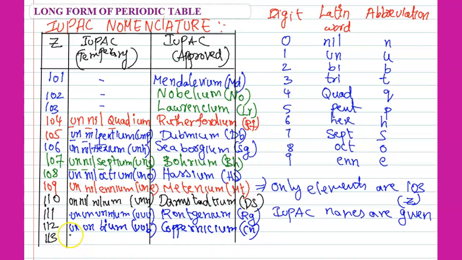So 113, tri-um, so Uut. Uut means Nihonium, Nh.